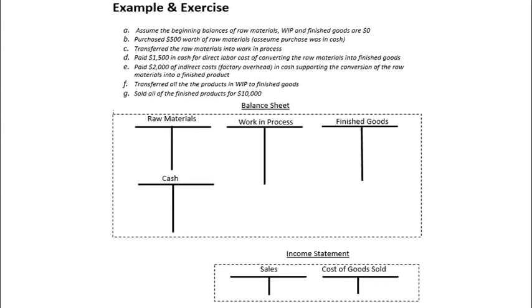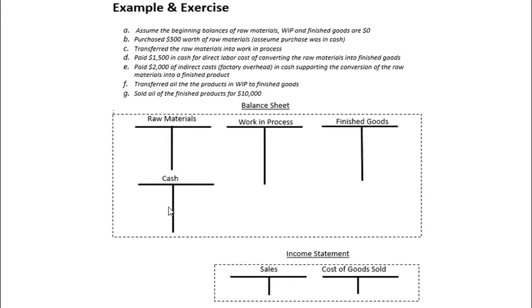Okay, in our last slide, we had seen how we moved the cost through our various balance sheet and inventory accounts. Here, we're going to use those same exact transactions that we used in the previous example, but in this case, we're going to move the value utilizing our general ledger accounts. So you can see here we have 4 balance sheet accounts.